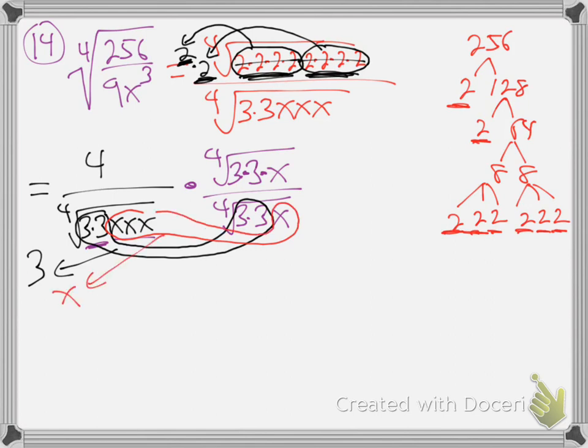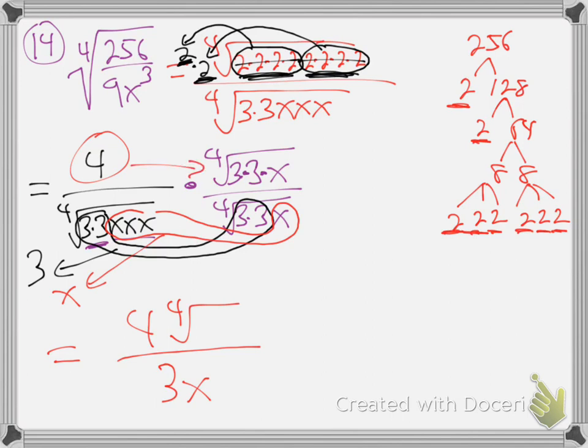He'll ship out a single x. So on the bottom we'll just have 3x, no more root. We got rid of the root from the bottom by making there be 4 of everything inside the root and ship them all out. What happens on the top? 4 times the 4th root of 3 times 3, just make that back into 9x. There we go. So we got rid of the root from the bottom.